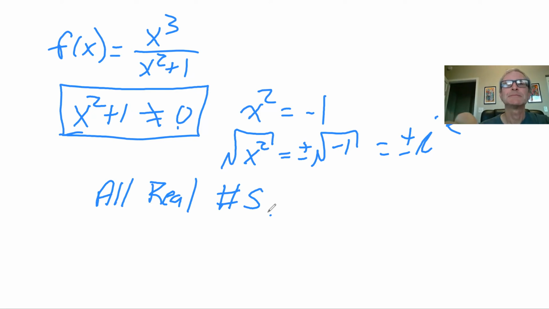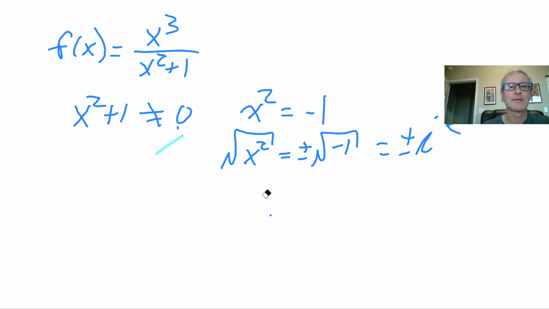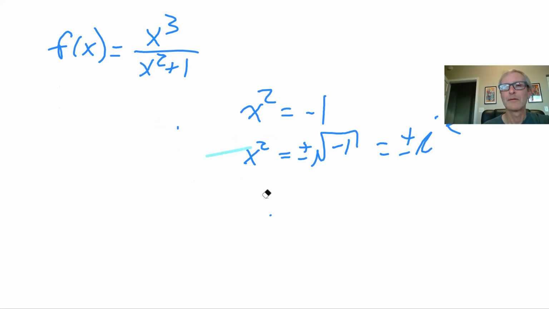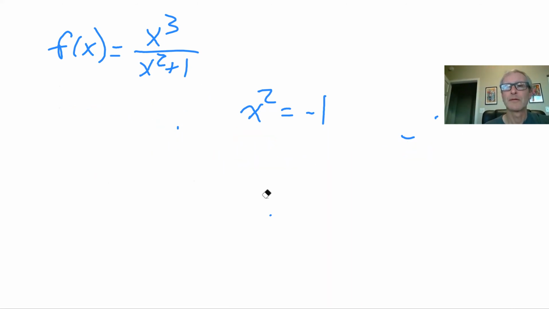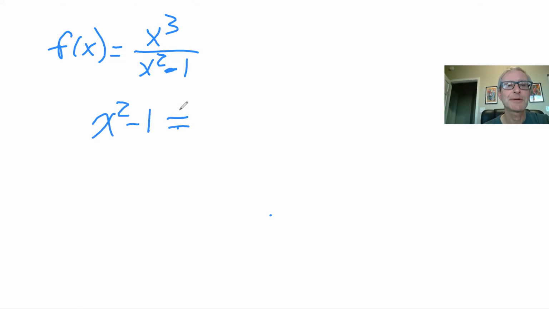On the other hand, if we took this and I changed this to a minus, you could see this is factorable, but if we do it this way, x squared minus 1 does not equal 0. So then x squared equals 1.